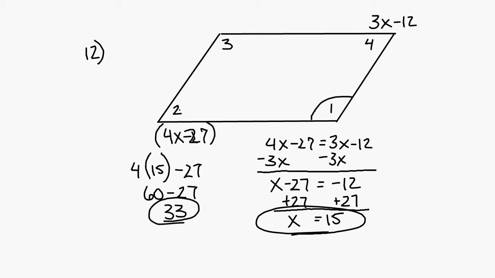So angle 2, this angle right here, is 33 degrees. The question was, what is the measure of angle 1? Consecutive angles in a parallelogram are supplementary. So if you take 180 and you subtract 33, it will give you the measure of angle 1. So 147 degrees.